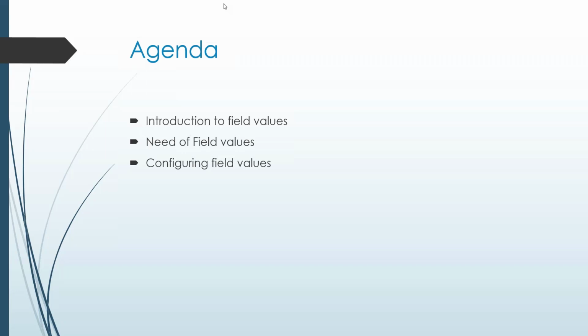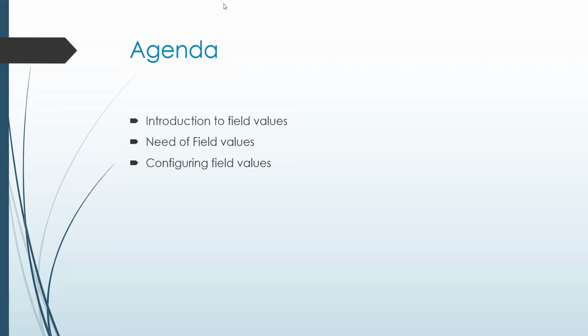For example, let us take a drop down for country, where you get the list of all the countries in that drop down. Assume this has to be modified frequently.